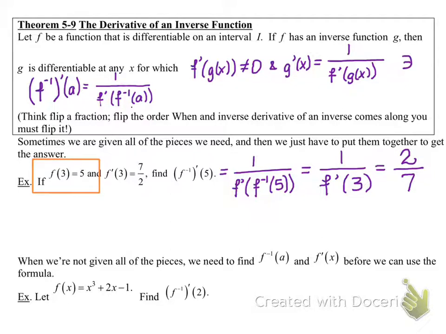Make sure you actually memorize inside out and backwards and forwards the derivative of an inverse. When we're not given all the pieces, we might need to find f inverse of a and f prime of x before we can use the formula.